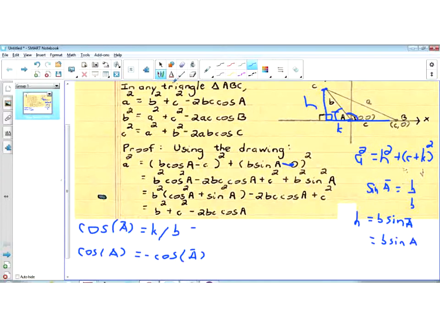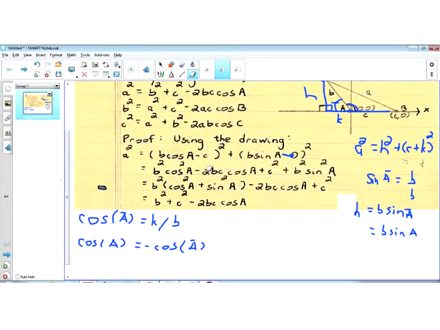So in terms of the cosine of angle A, the cosine of the reference angle is equal to the negative of the cosine of angle A.